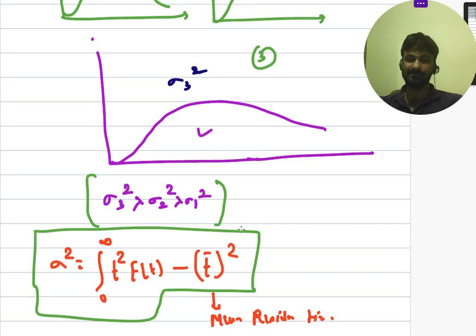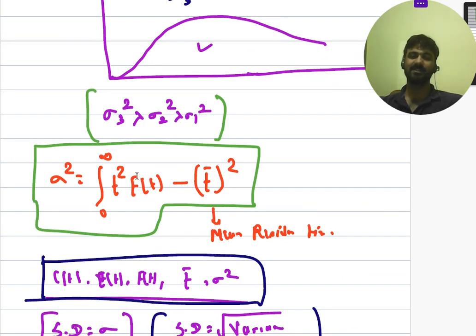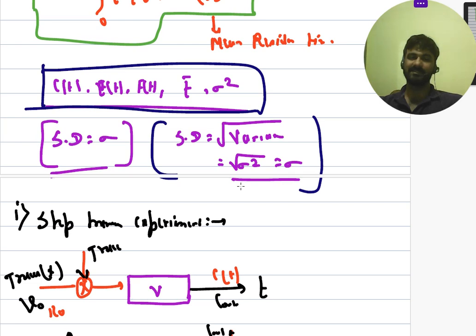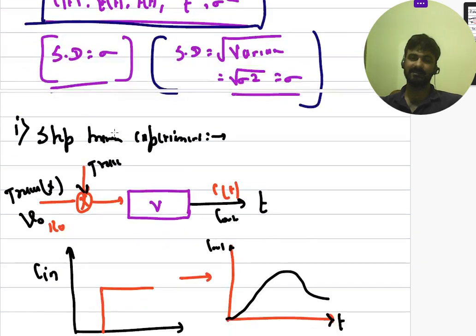So you can see the variance in the third was much greater than the variance in the second. Another formula of variance can be written as the integral from 0 to infinity of t square E(t) dt minus t bar whole square, where t bar is the mean residence time, calculated as the integral from 0 to infinity of t E(t) dt, right? And the standard deviation can be calculated as the square root of the variance, that is sigma.